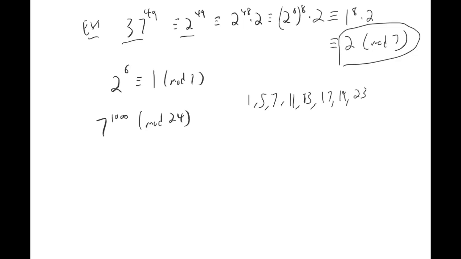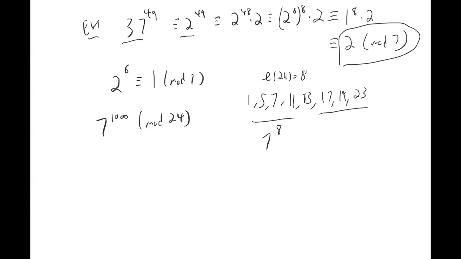Do you all agree that these are the numbers co-prime to 24? How many do we have? We have 8. So from here, I know phi of 24 is 8, just from counting.